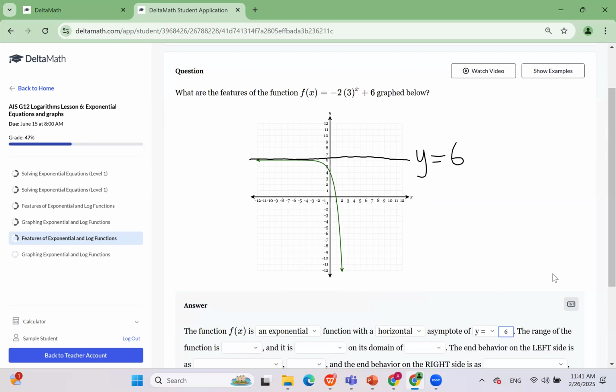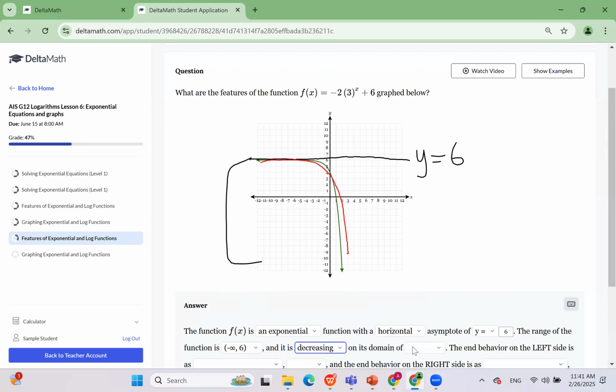Now the range of the function is the set of values here, which is from -infinity to 6. And is it increasing or decreasing? We have to move from left to right. We see that the function is decreasing on its domain.